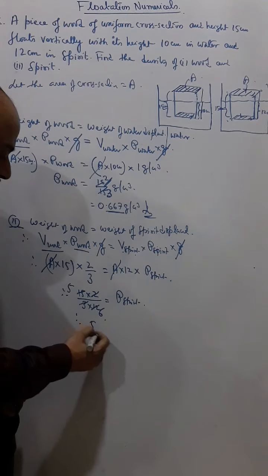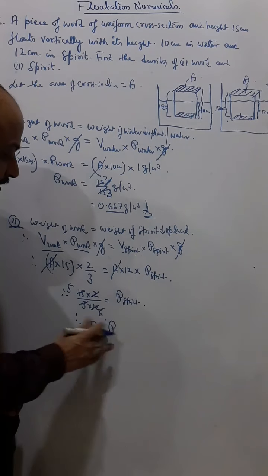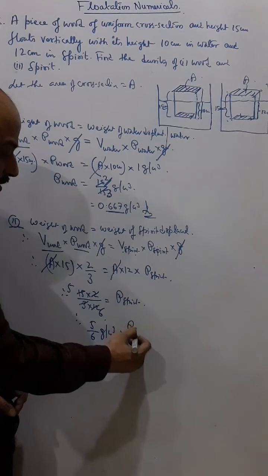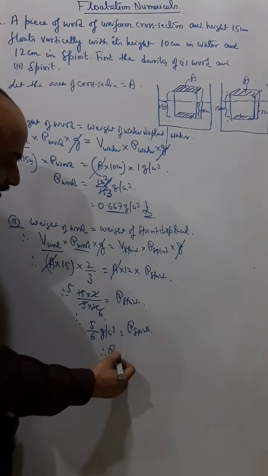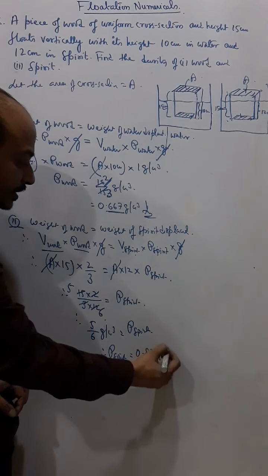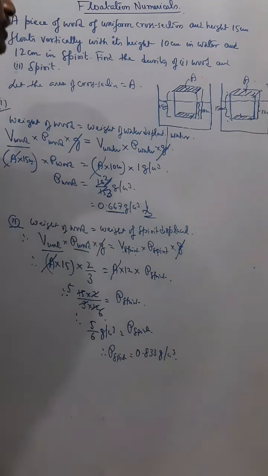So 5 by 6 gram per centimeter cube is the density of spirit, and therefore the density of spirit is equal to 0.833 gram per centimeter cube. Understand? I hope after going through these 7 sums there should not be any problem, so you can do these numericals. Okay.